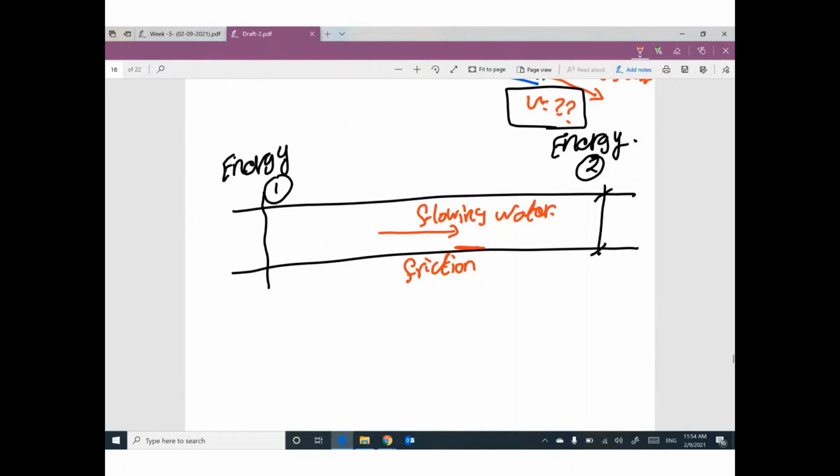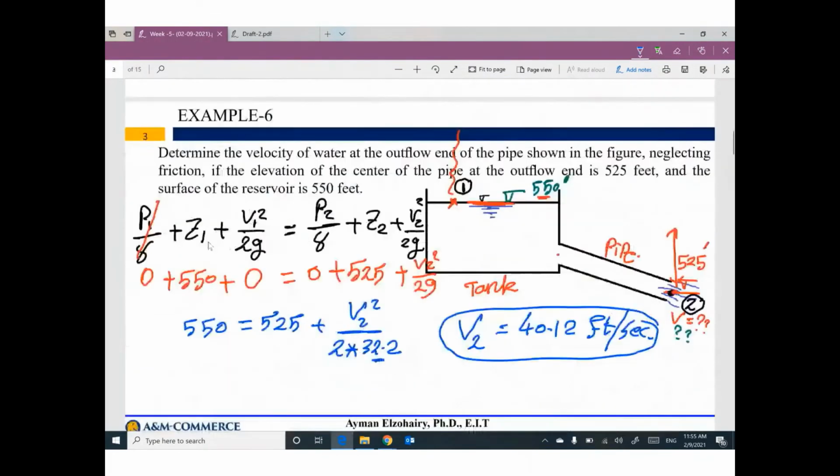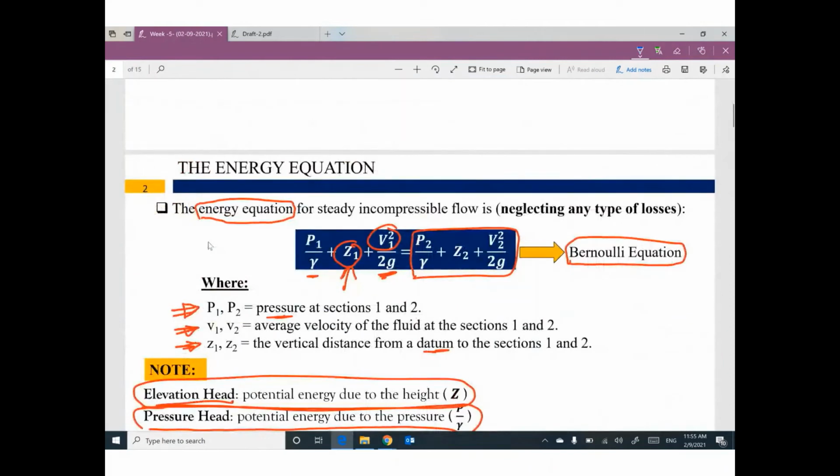Losses means the energy will be lost. Not all of the energy, but a little bit between this section and this section. So what I covered just a minute ago, I'm assuming neglecting any type of losses, but this is the ideal case.